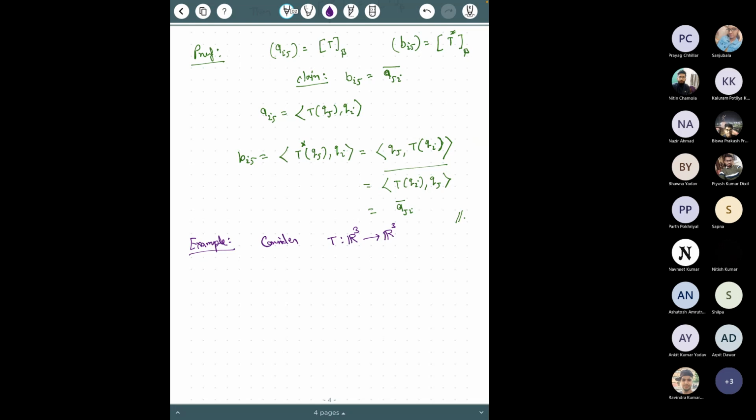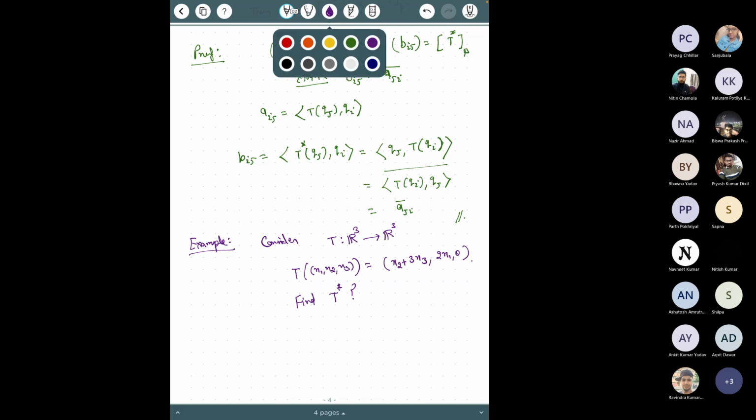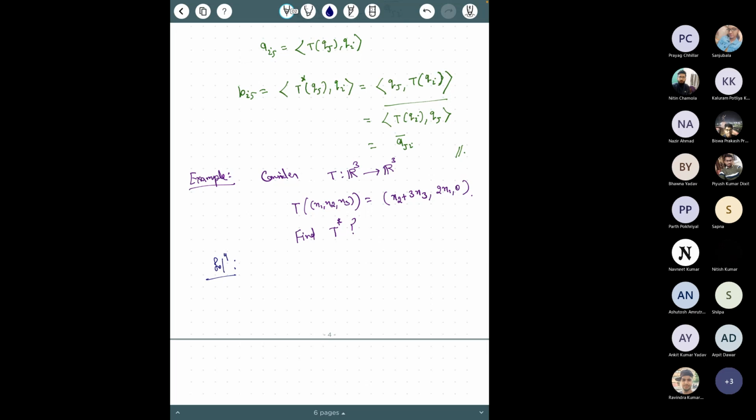It sends a real triplet x1, x2, x3 in R3 to x2 plus 3x3, 2x1, 0. Now the question is to find T star.